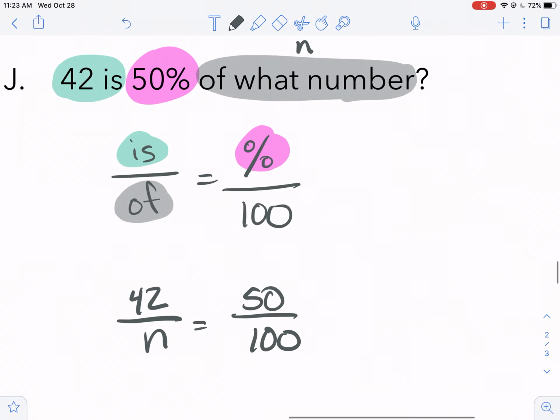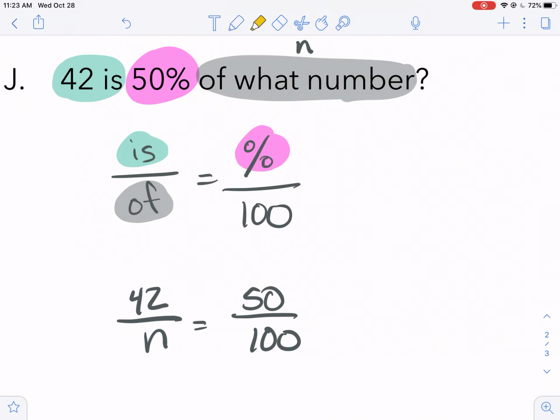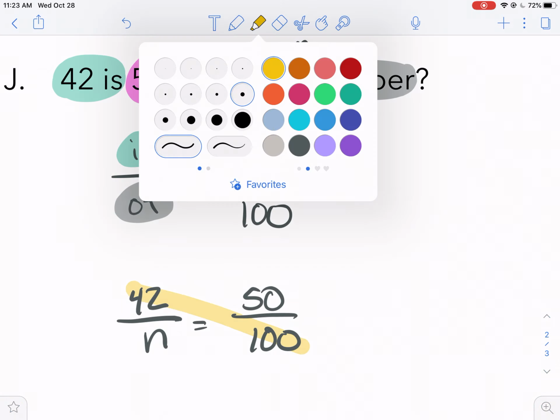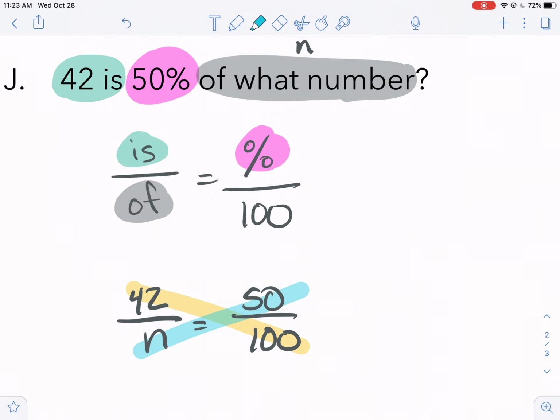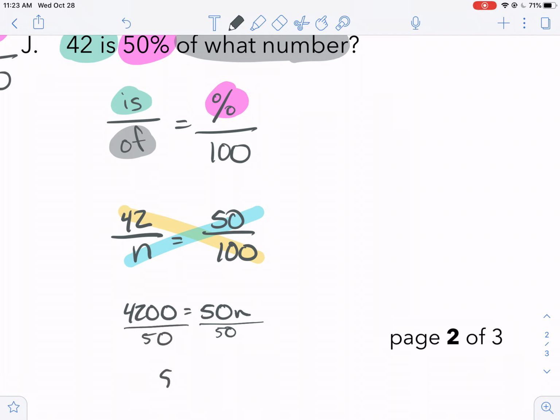Now let's cross multiply. So we'll do 42 times 100 equals n times 50. That gives us 4,200 equals 50n. Dividing by 50 to get n all by itself, we know that is 84.